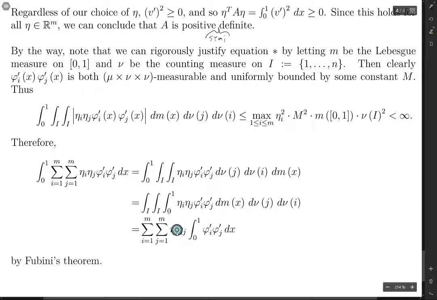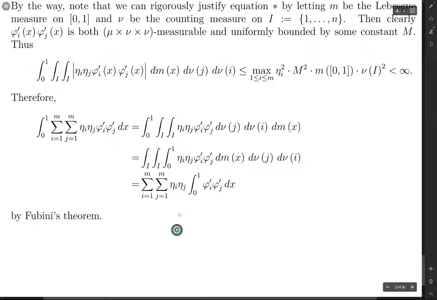But anyways, what ends up happening is, if you look at this function, phi_i prime of x and phi_j prime of x, and you think of this as a function of i, j, and x. So this will be x, this will be i, this will be j.